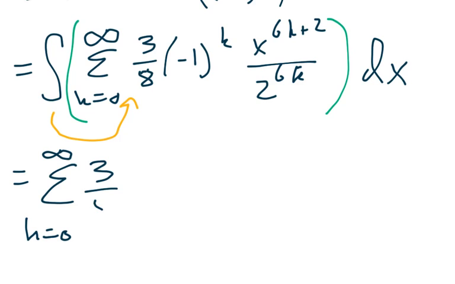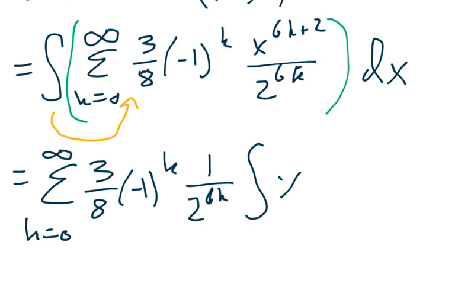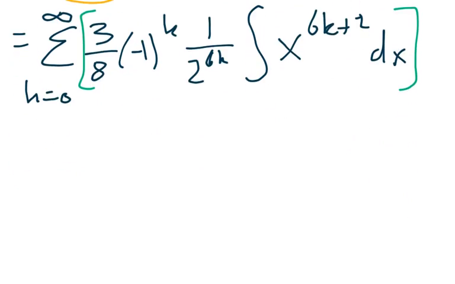So I have 3 over 8 minus 1 to the k times 1 over 2 to the 6k, right? This doesn't depend on x. And then we have this integral, which is just x to the 6k plus 2 dx. And all this stuff is being summed if we're within the radius of convergence.